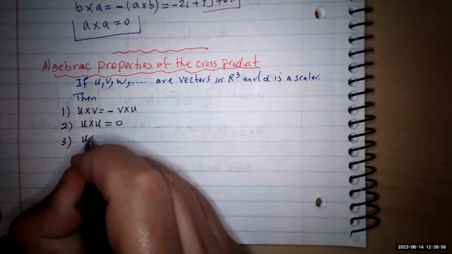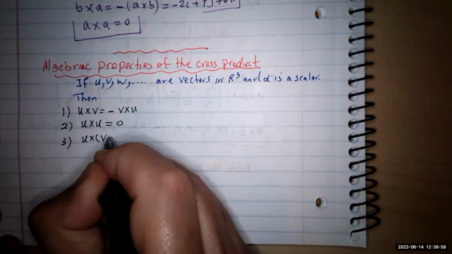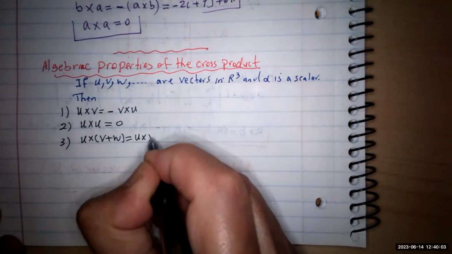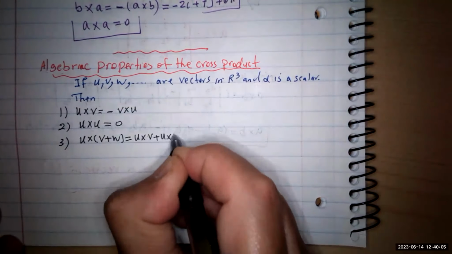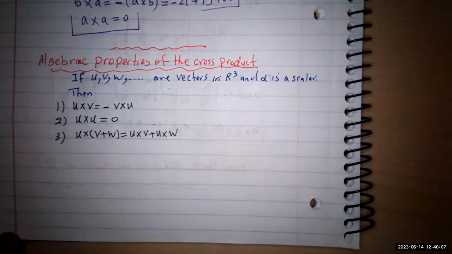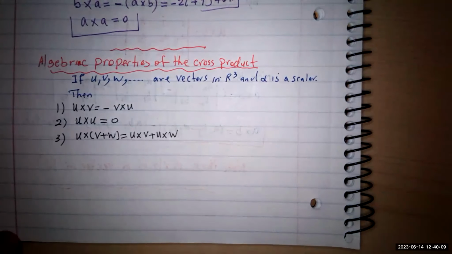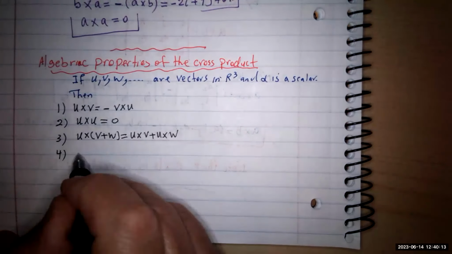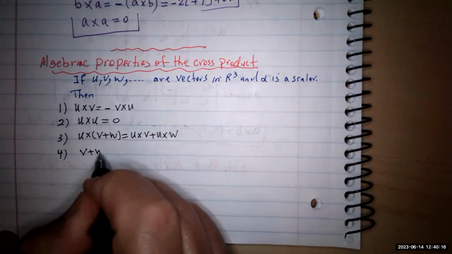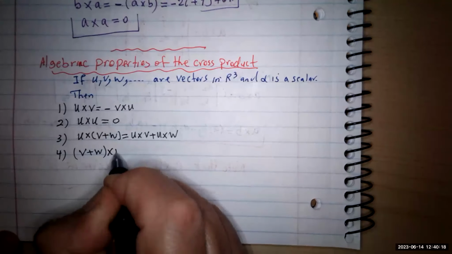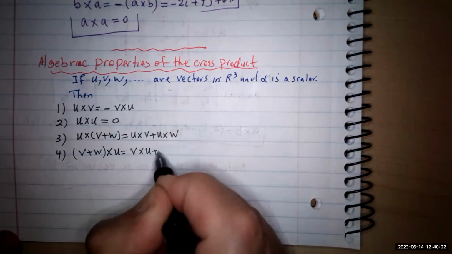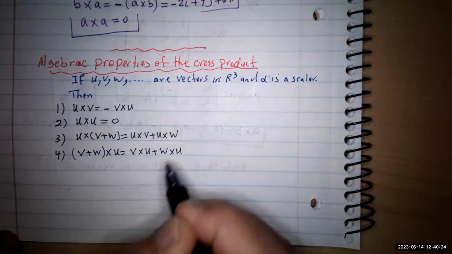So U cross V plus W, you can distribute it: U cross V plus U cross W. That would be fine, easy to prove. And you can do it the other way around. So if you have V plus W cross U, be careful, it's going to be V cross U plus W cross U.